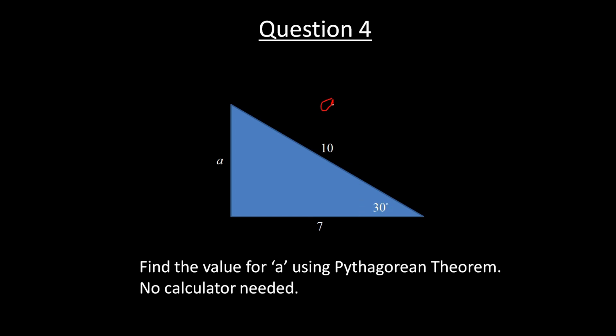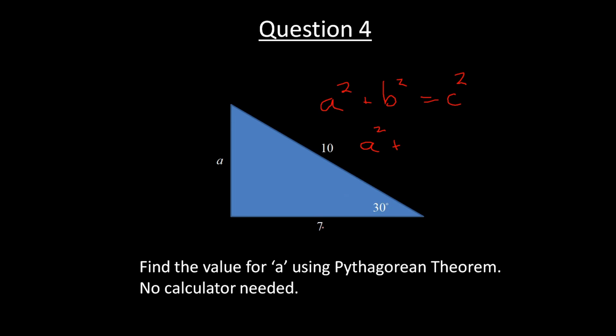Well, the Pythagorean theorem says A squared plus B squared equals C squared. We don't know what A is, but we do know what B is.